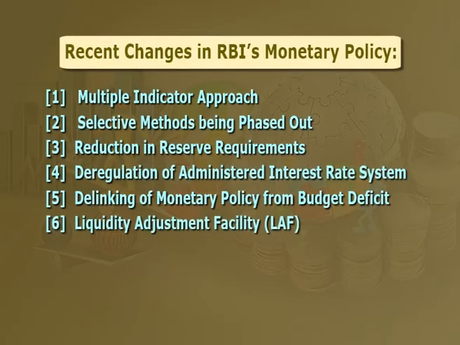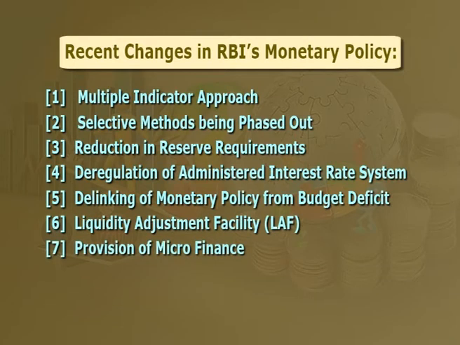Point number 6, Liquidity Adjustment Facility, also known as LAF. LAF allows banks to borrow money through repurchase agreement. LAF was introduced by RBI during June 2000 in phases. The funds under LAF are used by banks to meet day-to-day mismatches in liquidity.